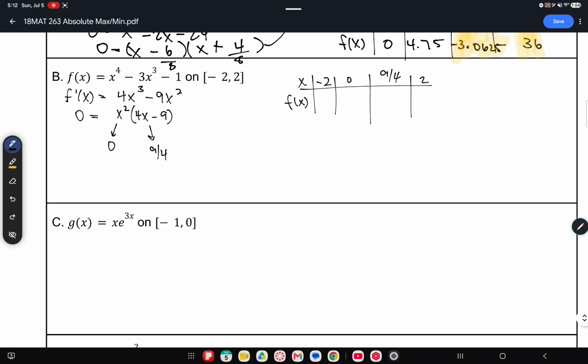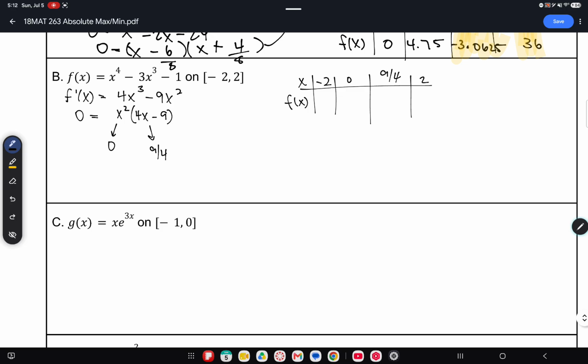Now I'm also going to plug this into a calculator. Do that pretty quickly here. So our function is x to the 4th minus 3x cubed minus 1. And now I just want to evaluate it at these different values.